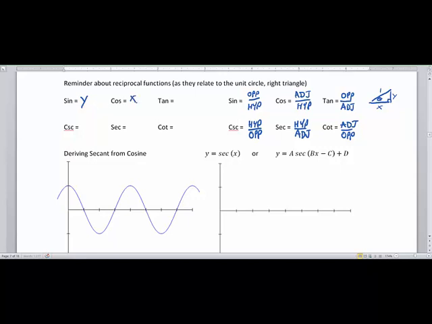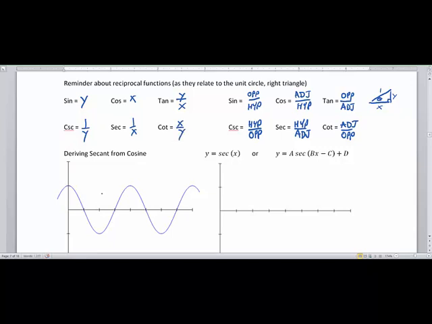Cosine is x, because that would be adjacent over hypotenuse, and tangent is opposite over adjacent, by definition. Now, cosecant is going to be the reciprocal of this, so this is going to be 1 over y. And the secant is going to be the reciprocal of this, which is 1 over x. And as we're going to see, the reciprocal of tangent is cotangent, as x over y.